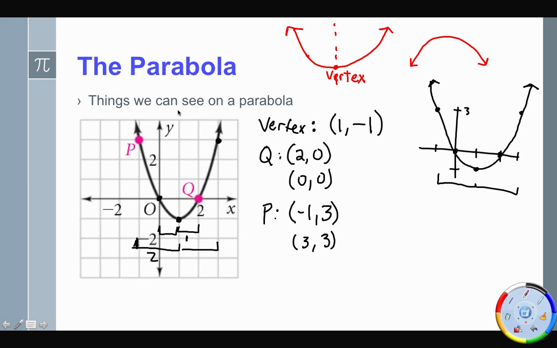You'll notice that the axis of symmetry on this particular graph goes down at positive 1 on the x. And we use that symmetry to show, okay, there's plus 2 units this way and minus 2 units this way.